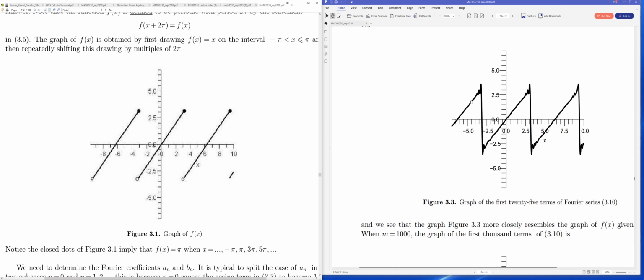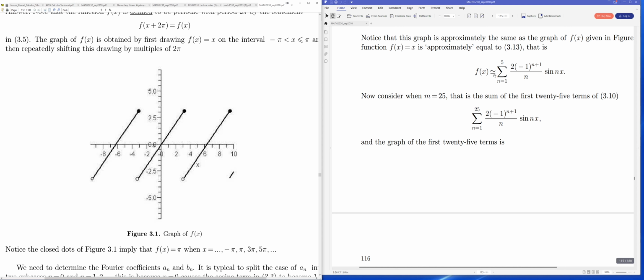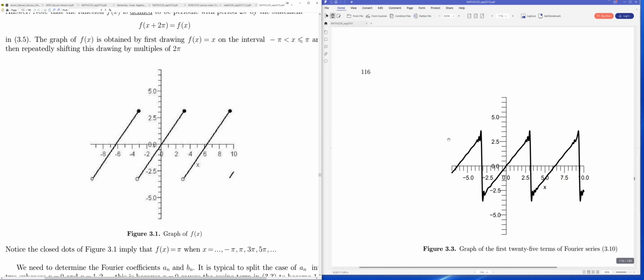And you notice that the approximation is starting to get better. You still, however, have a big difference because you have discontinuities in your original function. But this function here is a sum of sine functions, and sine functions are continuous, which means the sum will have to be continuous.